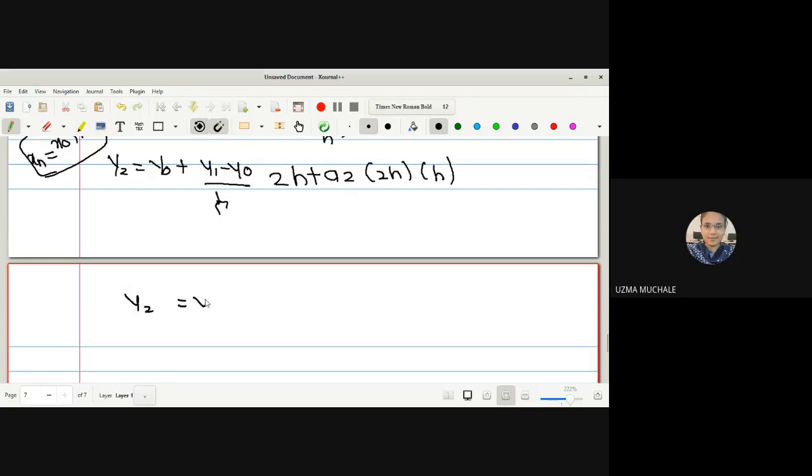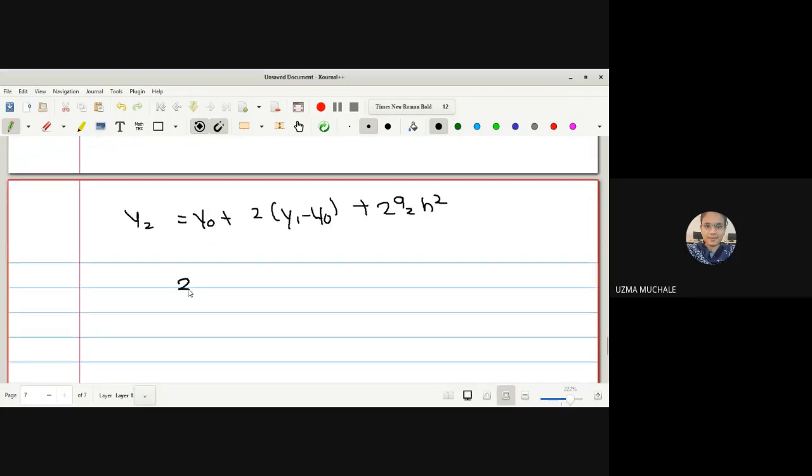So y2 is equal to y0 plus, h gets cancelled, 2 times y1 minus y0, plus a2 times 2 h square. Okay.